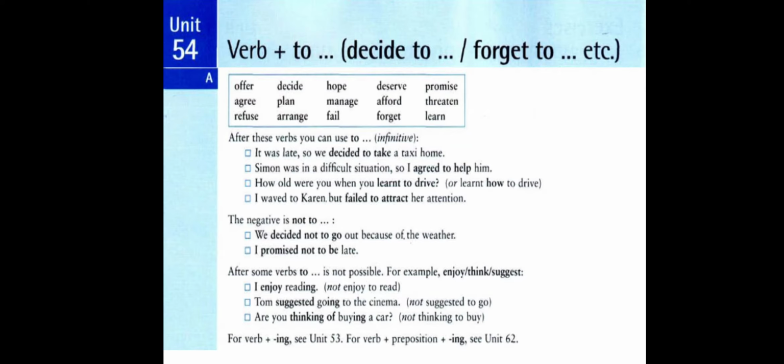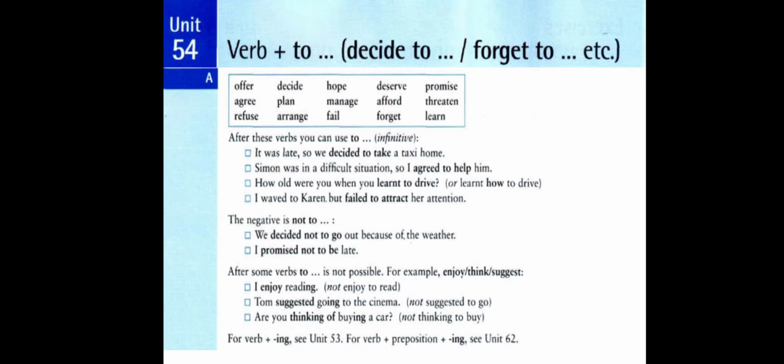Today we are going to study verbs which are followed by to plus the base form, meaning verbs followed by infinitive. Here in part A, we have a table of verbs which are followed by to plus the base form, or what is called infinitive.